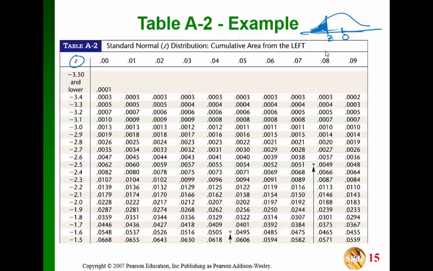So I don't know if you look at the table A2 in the book, if it actually has this drawing, it might have this drawing. But if it does, this is what they mean. If I go to negative 2.84, if I want to find this cumulative area to the left from minus infinity to negative 2.84, I would look at my table and look for negative 2.84.